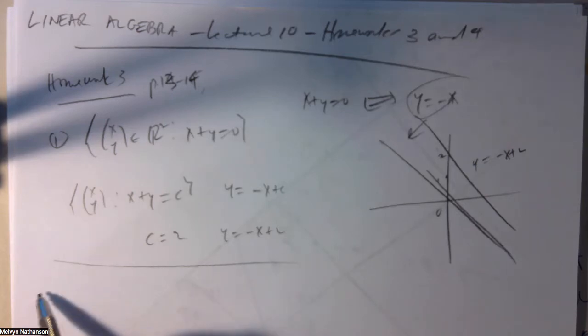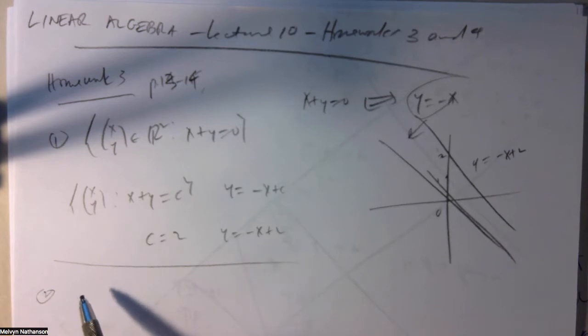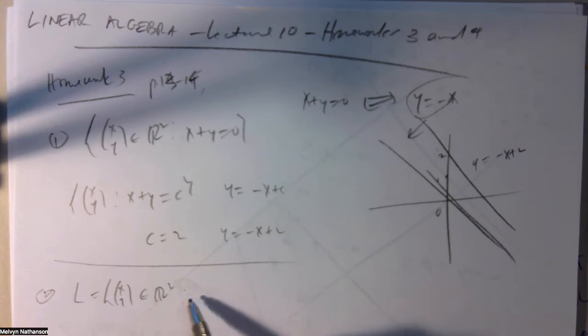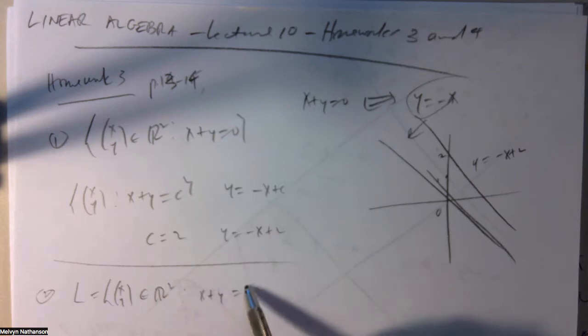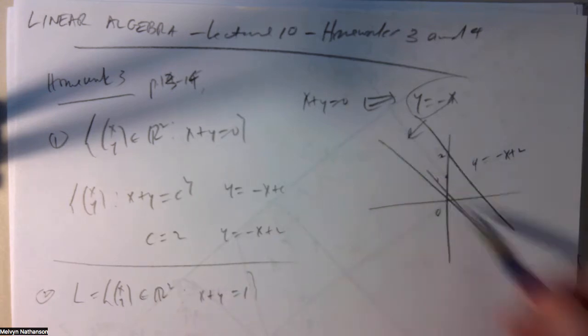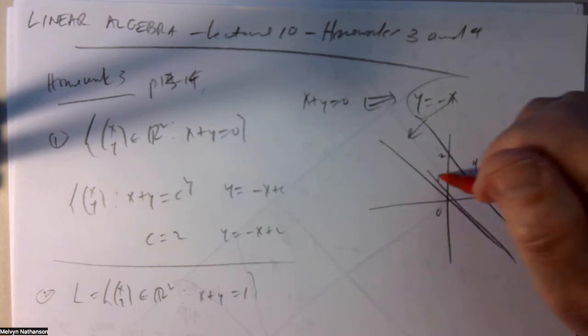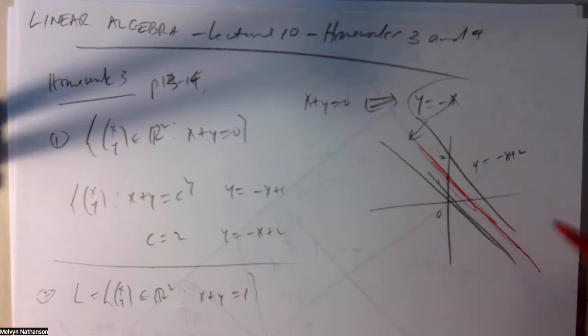If we look at problem number 2, I already did this several times in the problem sessions. You look at all x, y in R2, such that x plus y equals 1. Again, that's just the line y equals minus x plus 1.